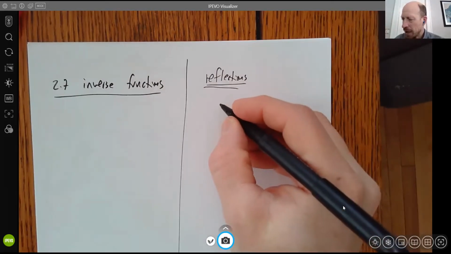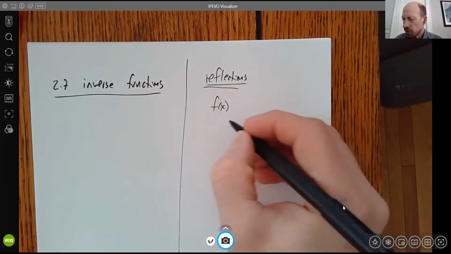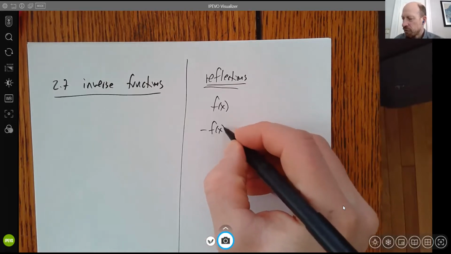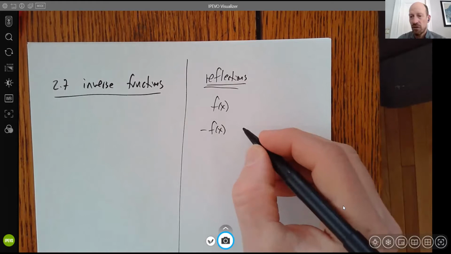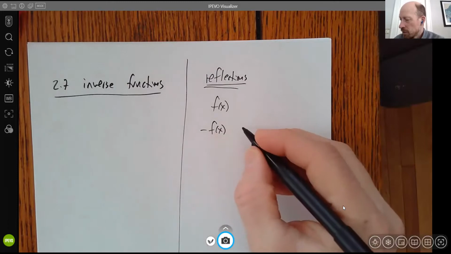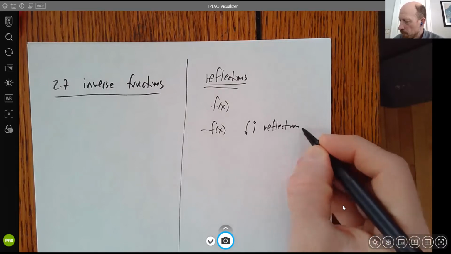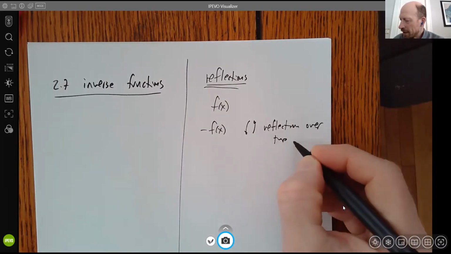And so that happens by, if I start with some function f of x, who knows what it looks like, if I put a negative in front of f of x, this is going to take all of the positive values and make them negative, and all the negative y values and make them positive. Depending on your perspective, you could think of it in different ways, but I call it a vertical reflection because it's flipping things over. I know it's over the x-axis, but it's flipping them vertically. So this is a reflection over the x-axis.